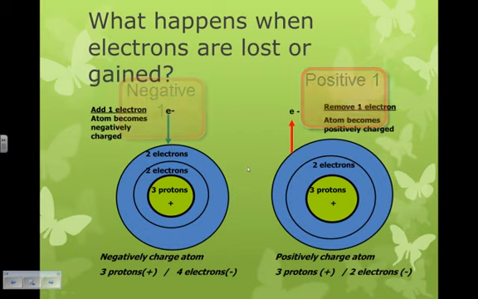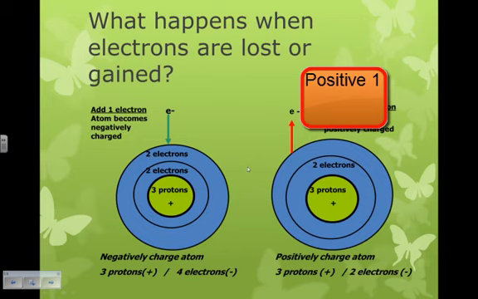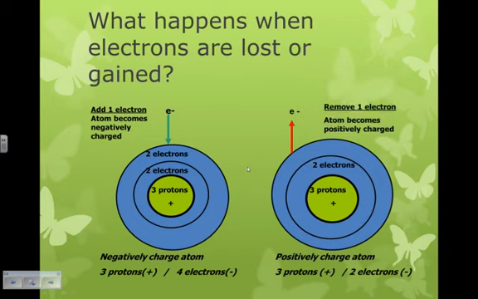And over here to the right you have 3 protons and 2 electrons, 2 negatives, 3 positives, giving it a charge of +1. So basically, atoms will gain and lose electrons in an effort to fill up their outer shell, but at that point they're no longer called an atom, they're called an ion because they have a positive or a negative charge.